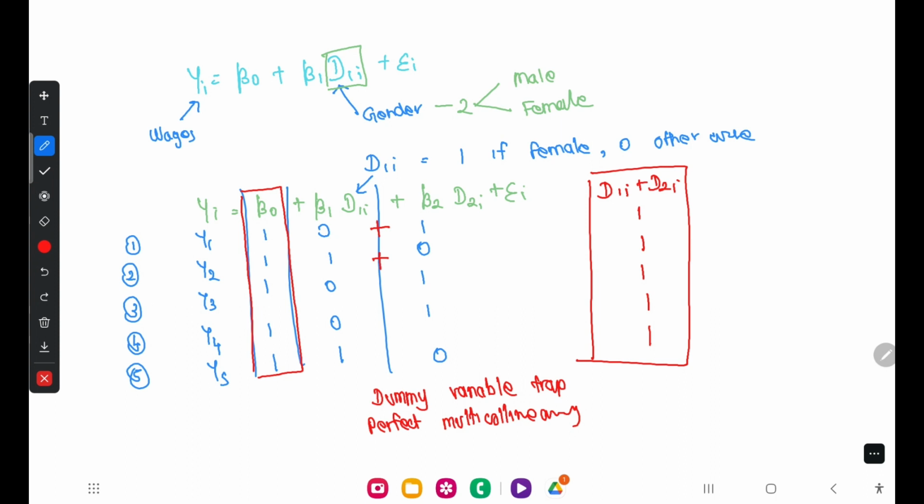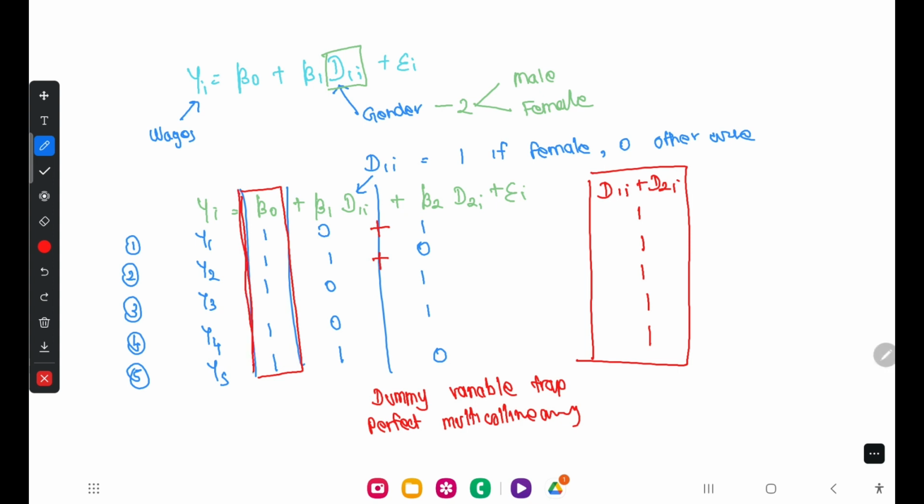That means when you add an independent variable which gives the same information without any new information being added, then the variance between the two is 0. And that leads to something called multicollinearity, right? So here also we have the same thing.